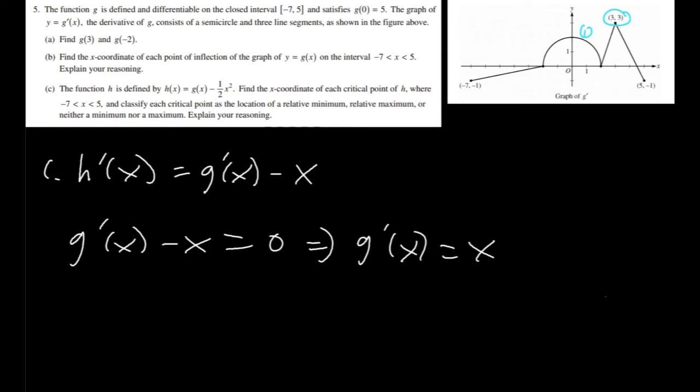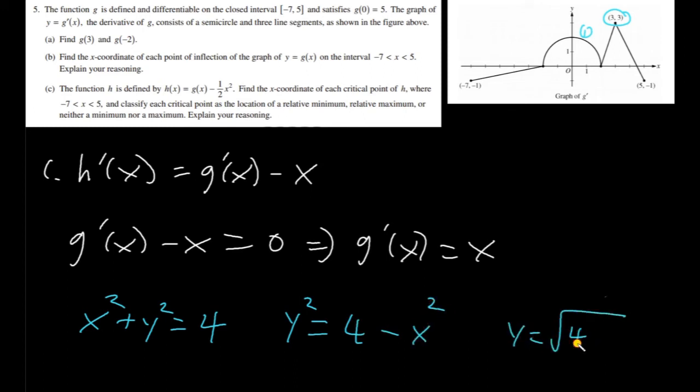And to figure out where on that half of the semicircle it is, we have to write the equation of the semicircle. So the equation of a circle is x squared plus y squared equals r squared. And in this case, it's going to be x squared plus y squared equals 4, because the radius is 2. Okay, solving this for y, we get y squared equals 4 minus x squared, and y equals square root of 4 minus x squared.